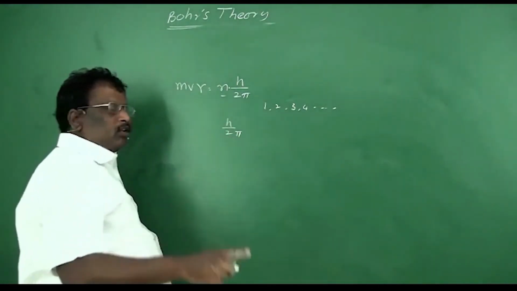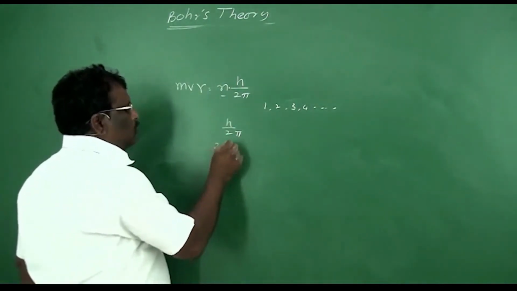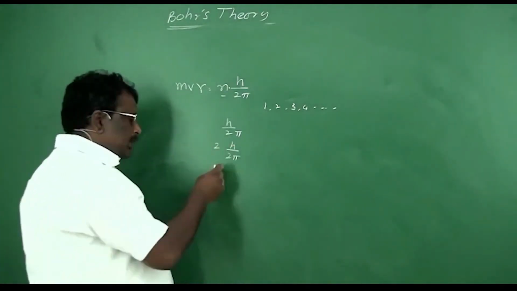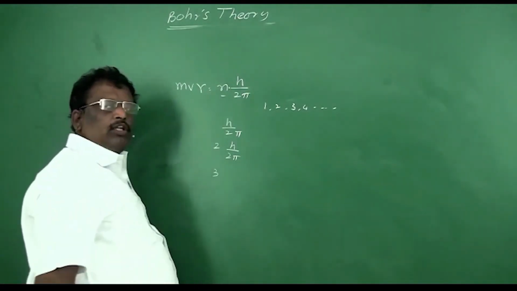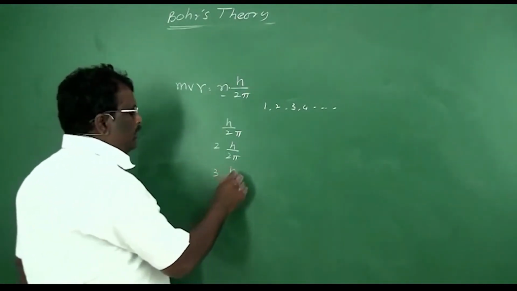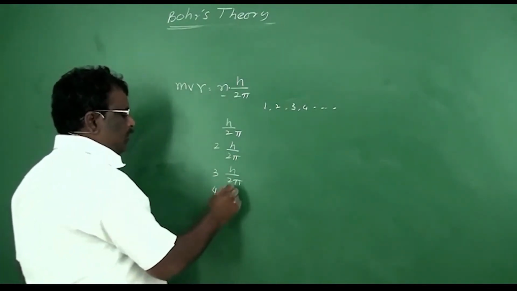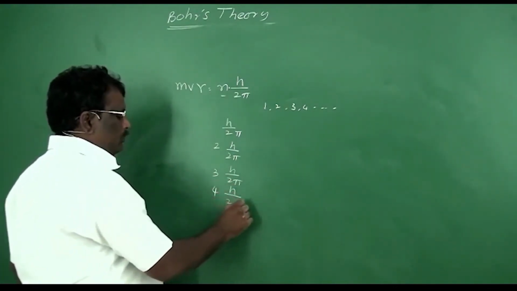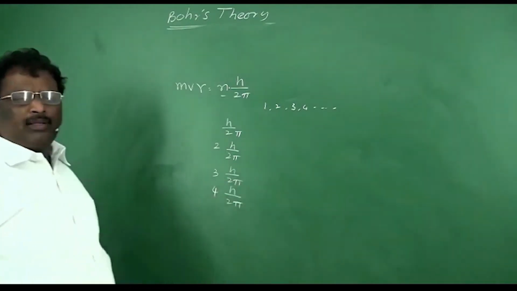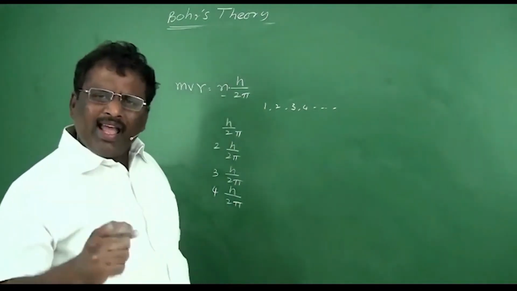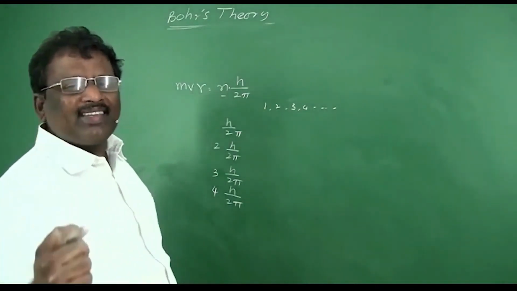In the second energy level it is 2 into h by 2 pi. In the third energy level, it will be 3 into h by 2 pi. In the fourth energy level, it will be 4 into h by 2 pi. But Bohr was unable to give the reason why the angular momentum is quantized.